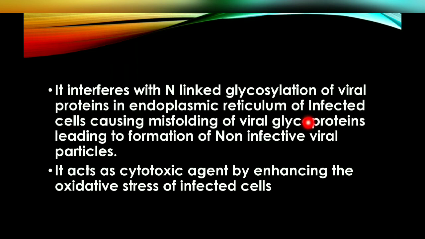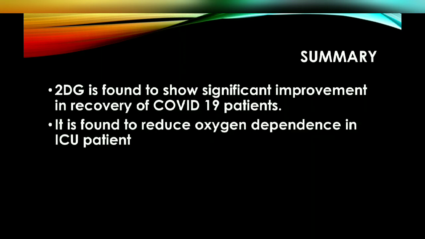There is no energy production also. So finally, there is killing of the viral infected cells. This also we have seen already. It interferes with your N-linked glycosylation, converting your viral glycoproteins to non-infective viral particles. It acts as a cytotoxic agent by enhancing the oxidative stress.